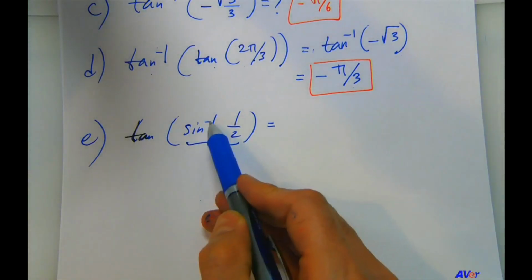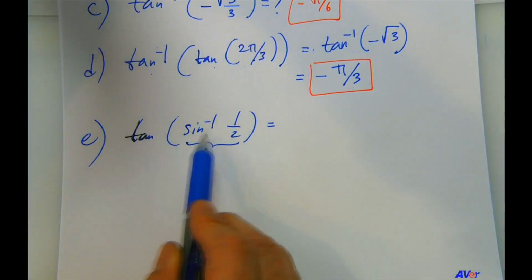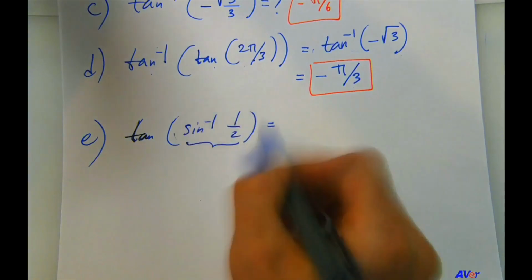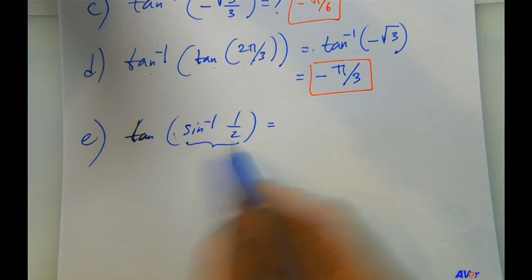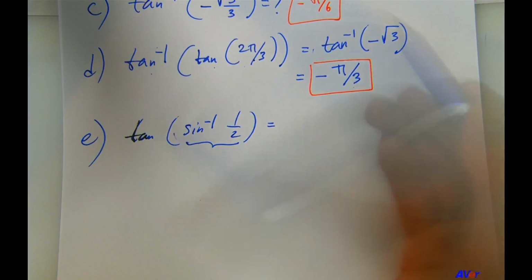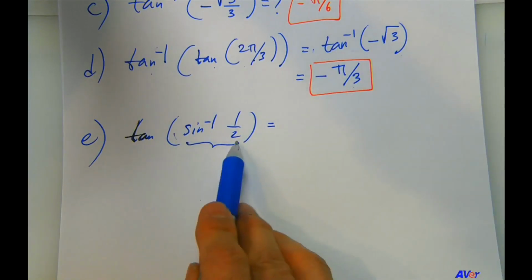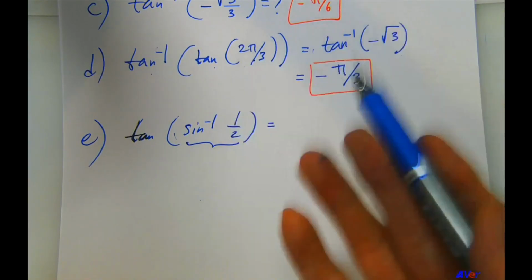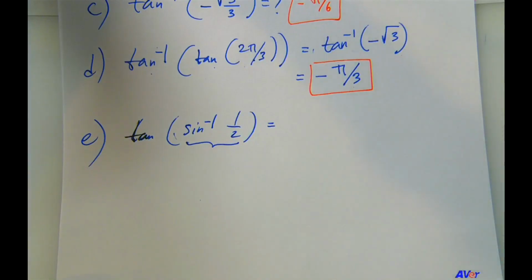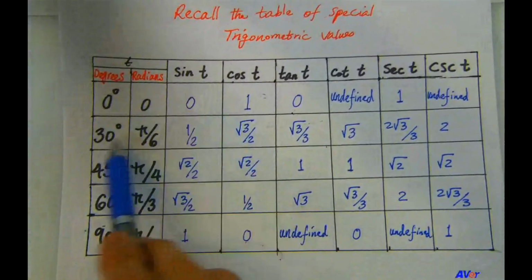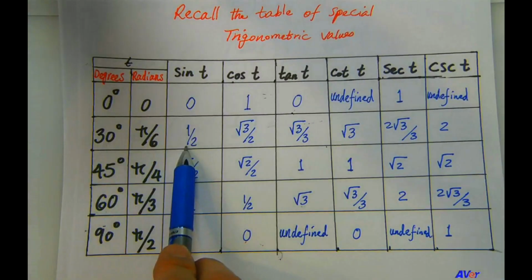This is the inverse, right? This is not the inverse tangent. This is inverse sine. So in here, this whole thing is an angle. What angle is it? Any angle for which the sine is equal to 1 over 2. What angle is that? Well, let's bring back our special values. The sine of 30 degrees is 1/2.